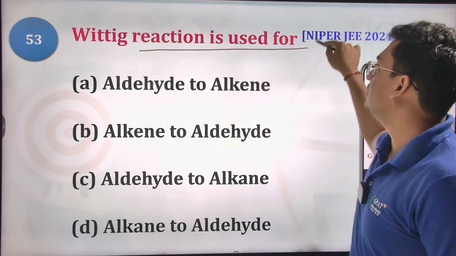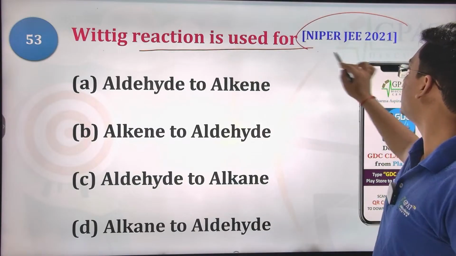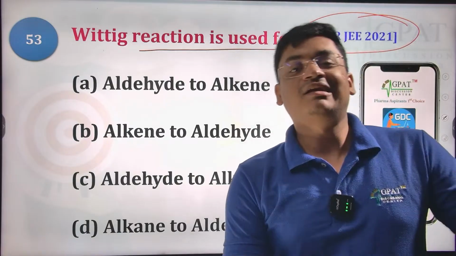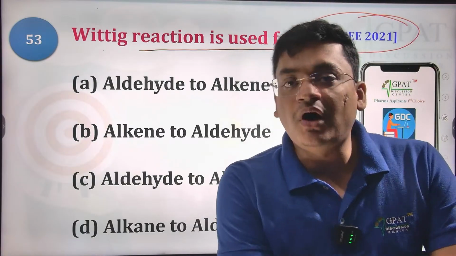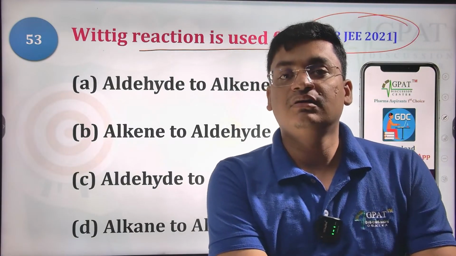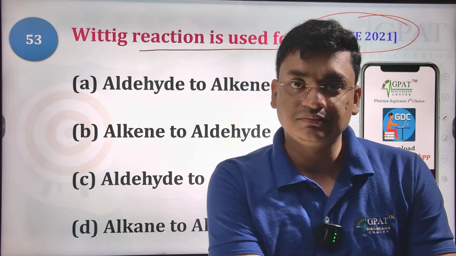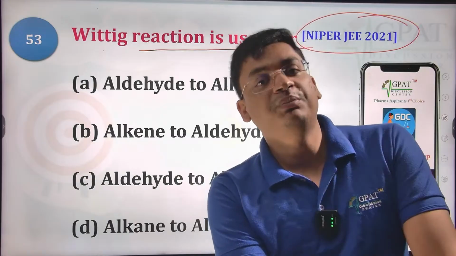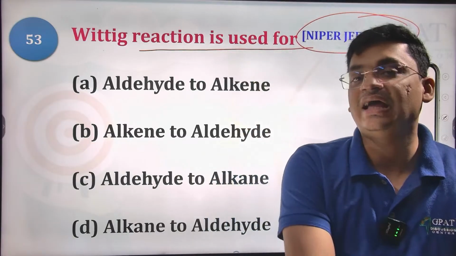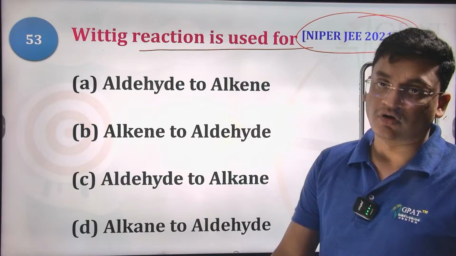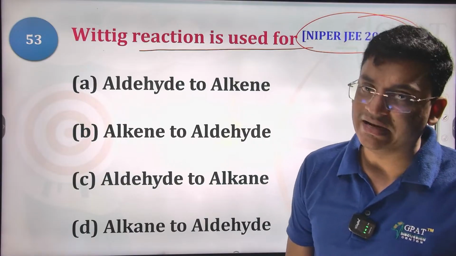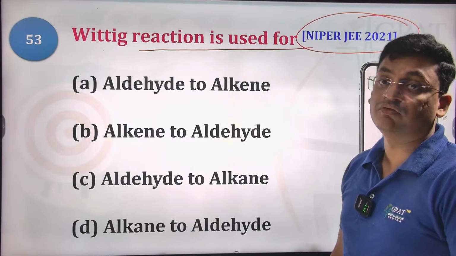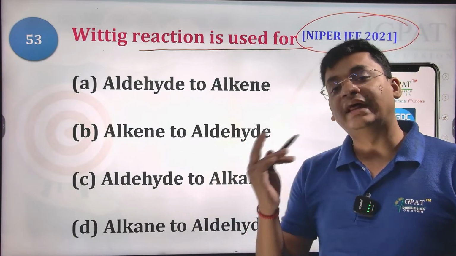Wittig reaction. When we treat a carbonyl compound with triphenylphosphine ylide, after the betaine intermediate, we can see that formation of an alkene. So it's the reaction related to the conversion of aldehydes into alkenes.